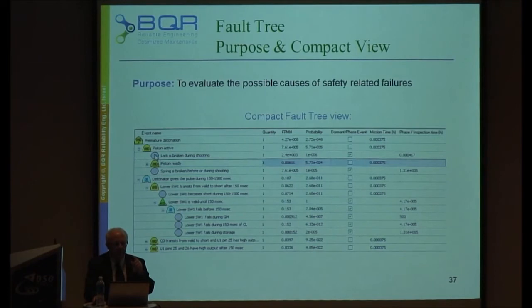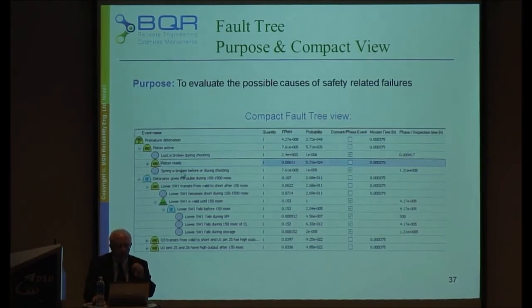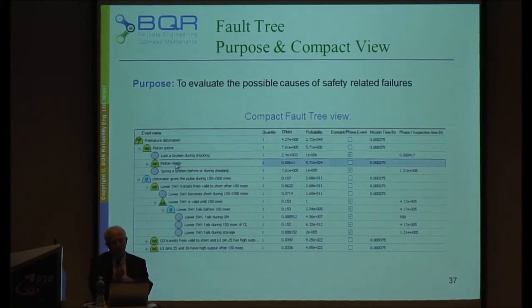So there will be this, this, and this, and all those three failures need to occur together. So it's the lock off broken during shooting, piston ready, and spring broken before or during shooting. So you have some mechanical failures that at the end, the piston is active.